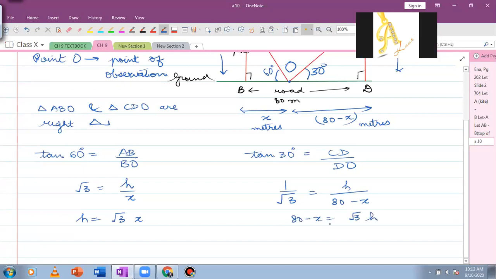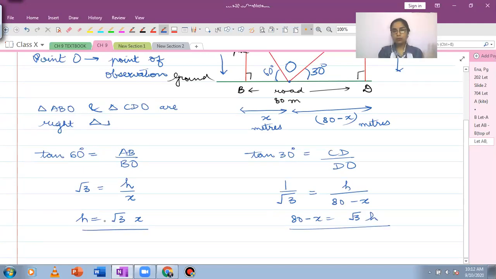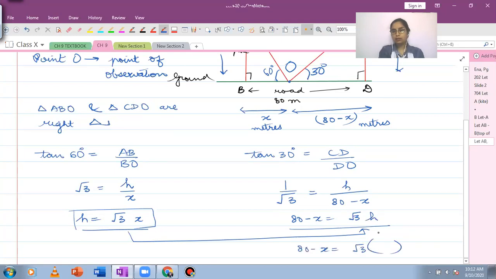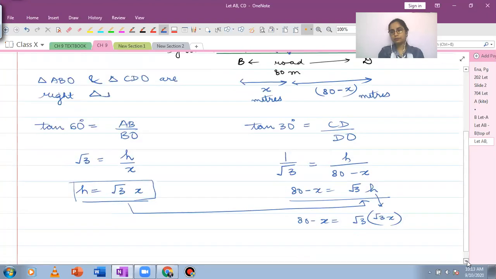So we have got two equations here, this one and this one. You have to use the value of h from this side in the other. So I'm just going to use h equals root 3x and substitute here. So this will be 80 minus x equals root 3. Substitute the value of h obtained from the first triangle and then simplify.